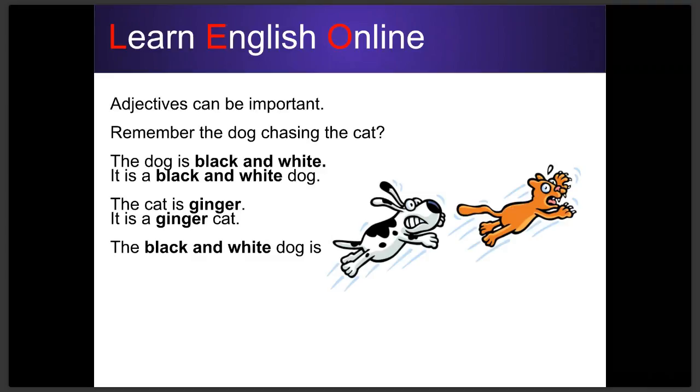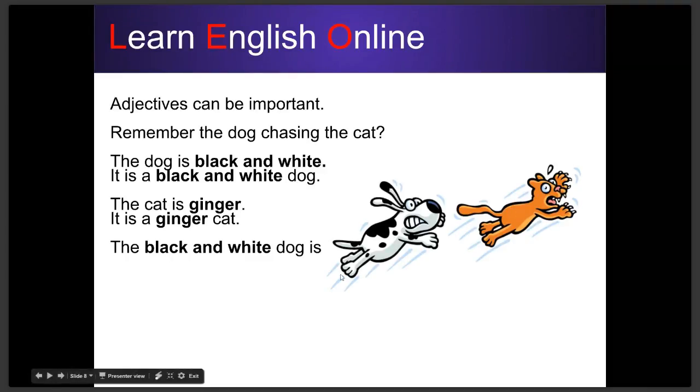Okay, remember the dog chasing the cat? If you haven't seen it, look at the video on verbs. Okay, verbs 1. If we wanted to describe the dog and the cat, the dog, which dog? The cat, which cat? Which naughty dog is chasing the cat?